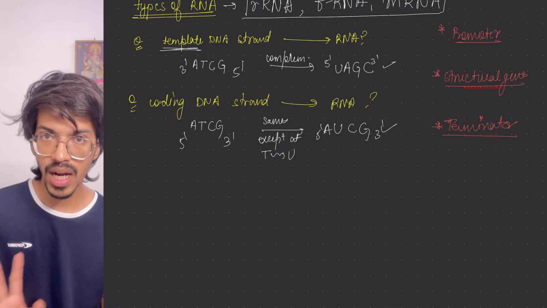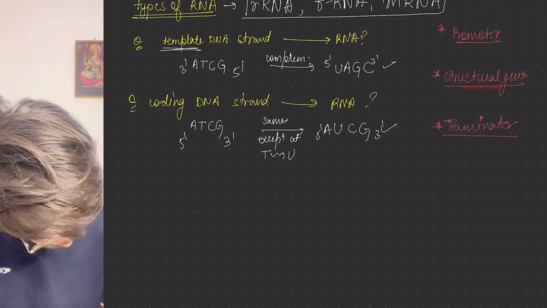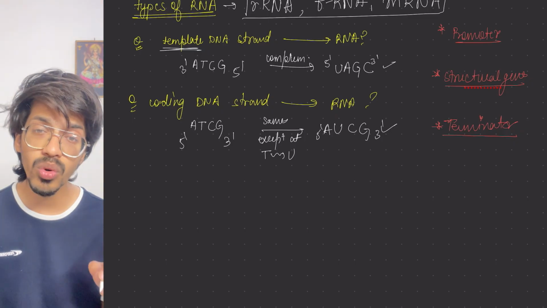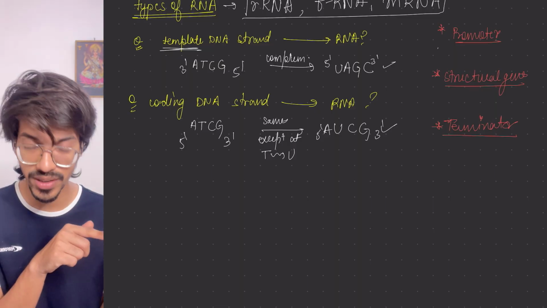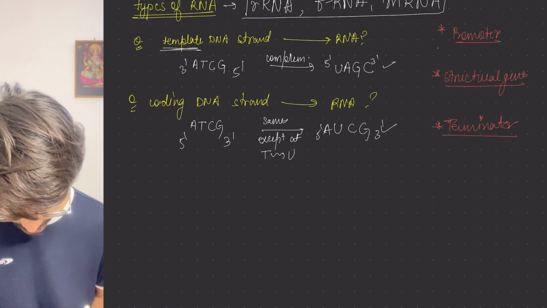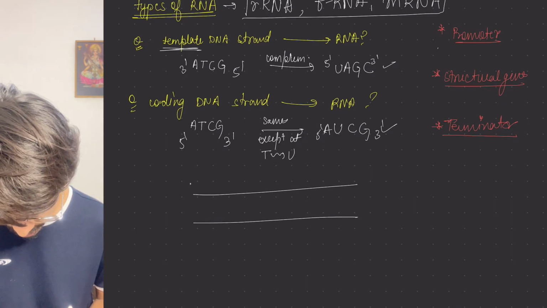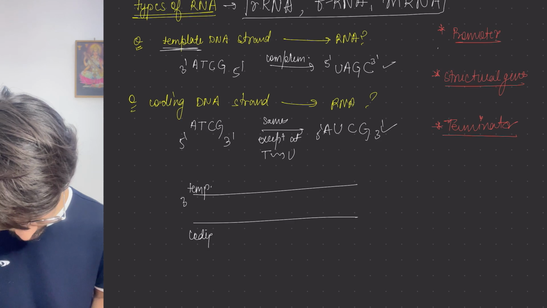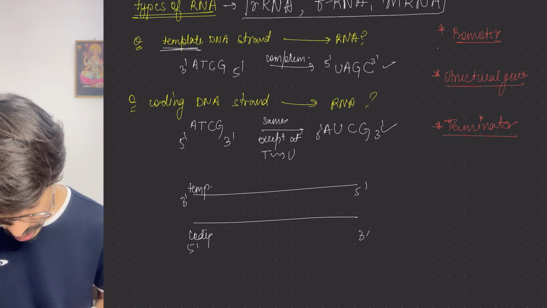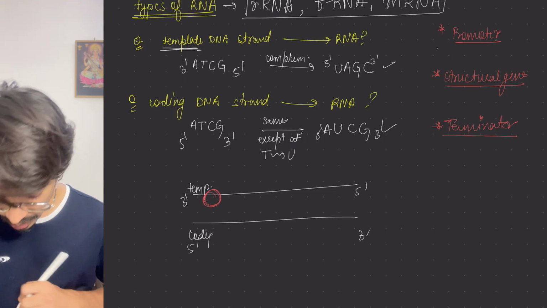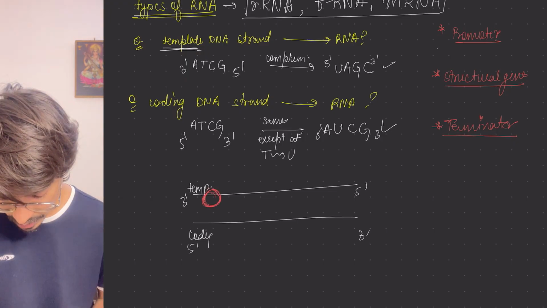If someone asks where the promoter, structural gene and terminator are present, according to NCERT the promoter is present with respect to the coding strand. If this is the template strand and this is the coding strand, the template strand will be 3' here and 5' there. Where this process is occurring, it is present upstream.